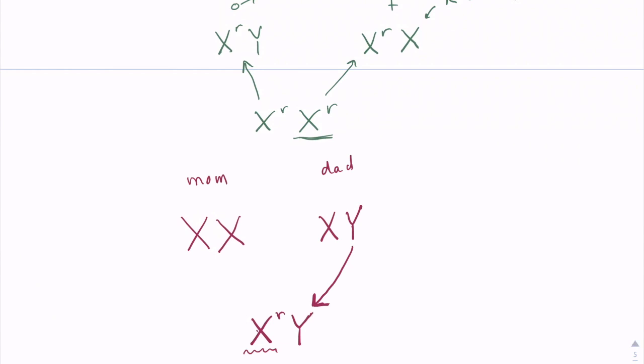If they donate a Y chromosome in that sperm, that kid's going to be male, right? It's going to have an X and a Y chromosome. Males inherit their Y chromosomes from their father and their X chromosomes from their mother. And this young woman said he had to have gotten it from his father. His father has red-green color blindness.